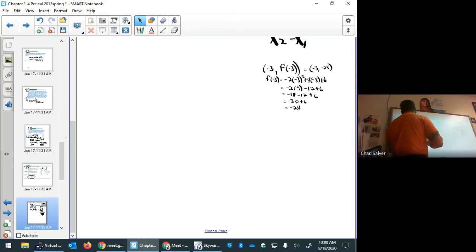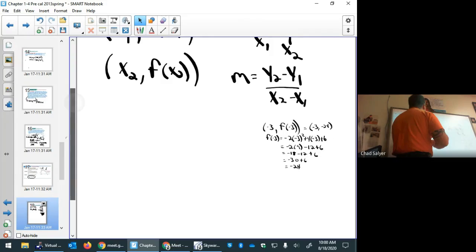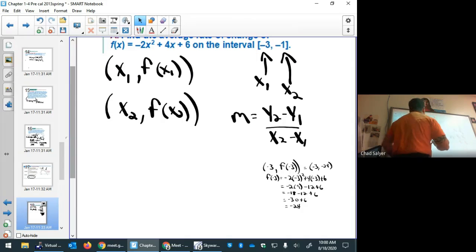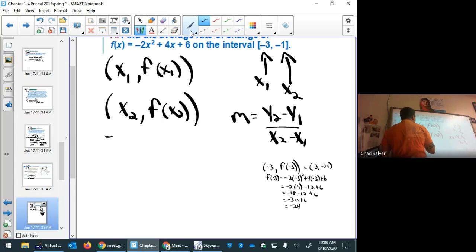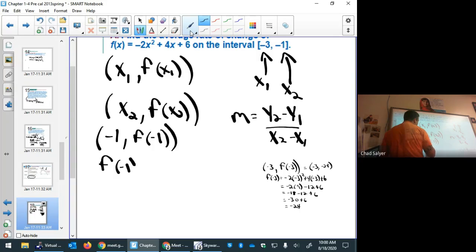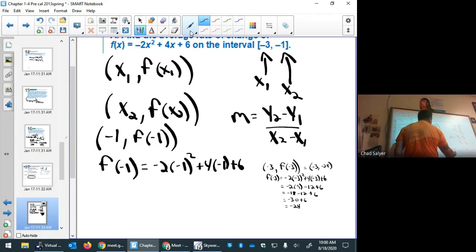Now let's find our other point, x sub 2, and then f of x sub 2. So that's going to be negative 1 comma f of negative 1. And so if I find f of negative 1, that's going to equal negative 2 times negative 1 squared plus 4 times negative 1 plus 6.